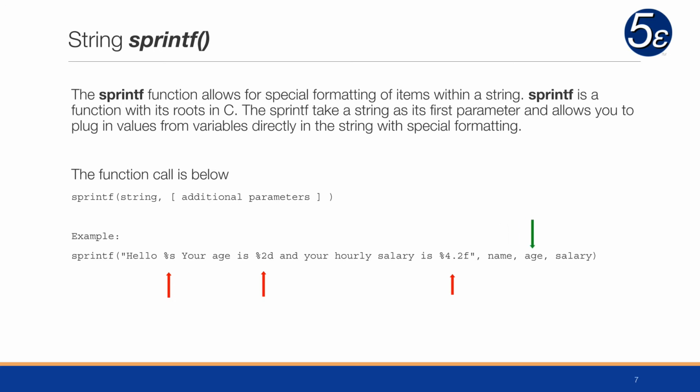Since we have the 2d, that's a two-digit number. That would correspond to the second parameter, since it's the second percent. It has nothing to do with the 2 there, but the second percent grouping goes to the second variable, which is age. And the third grouping is %4.2f, which is a floating point number of 4.2, which is 2 decimal places and 4 total digits, corresponding to the salary.